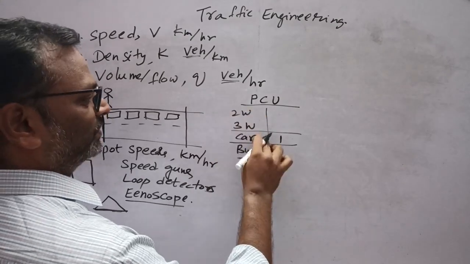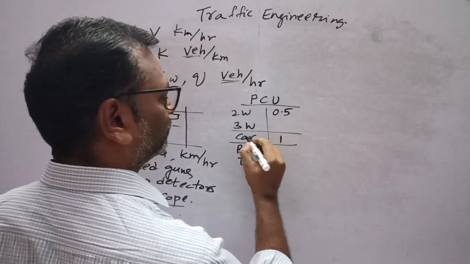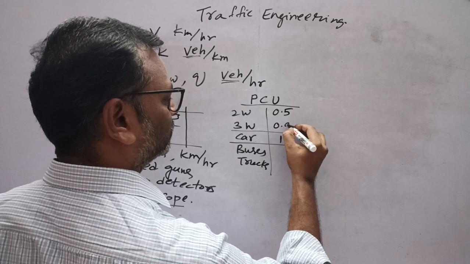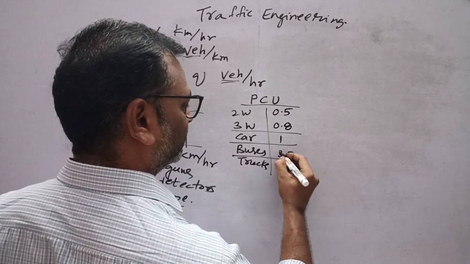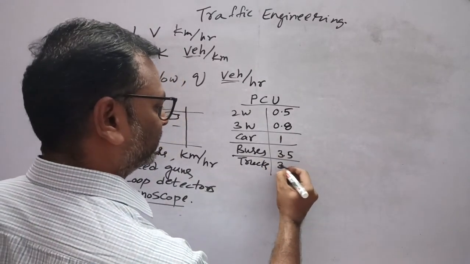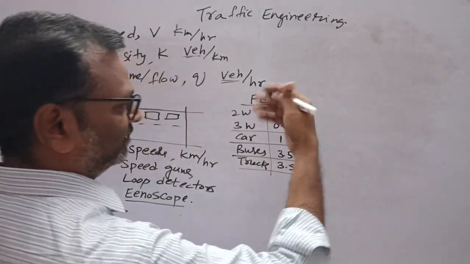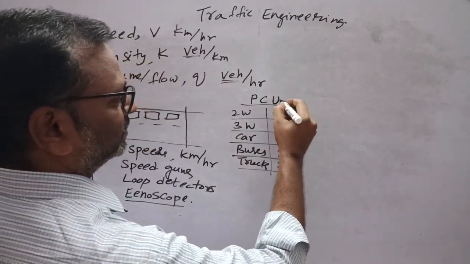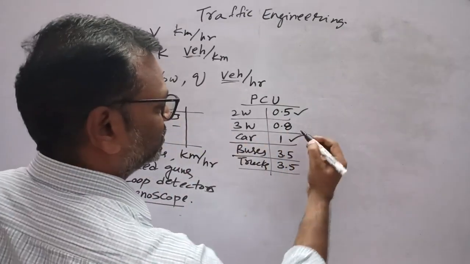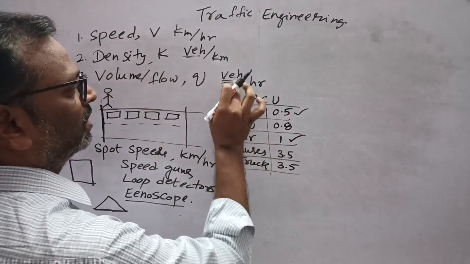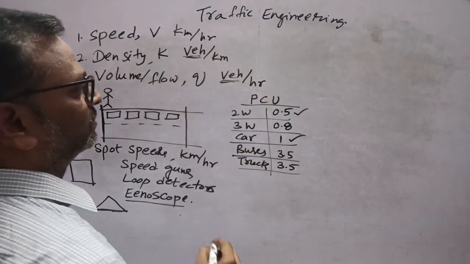In terms of cars, we convert all other vehicles: two-wheeler you can take as 0.5, three-wheeler auto rickshaws 0.8, buses and trucks we can take as 3.5, and there are other vehicles like minibuses and long trucks. So we have different equivalents, the same units for all vehicles. You convert these vehicles into PCUs and use it. But for simplicity, we are leaving it like this.